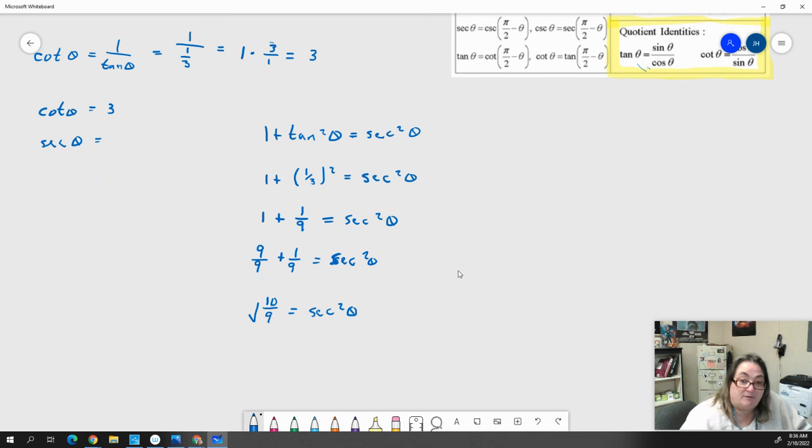If I take the square root of this and the square root of this, I get radical 10, which doesn't reduce, but 9 is a perfect square. So it'd be radical 10 over 3 equals secant of theta. So we know up here that secant equals radical 10 over 3. And so we found both those things that we were looking for.